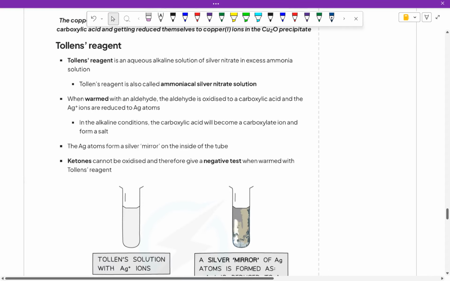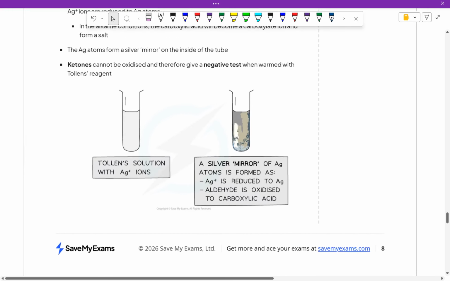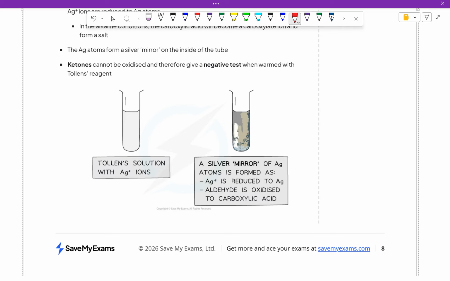And the next one is Tollens' reagent. It's actually silver nitrate in excess ammonia solution. If we take the aldehyde and warm it, giving it some heat, it will become this silver color on the left side, transitioning after warming to here.